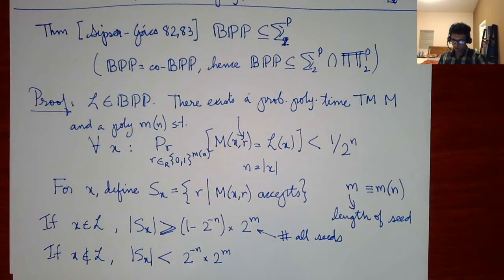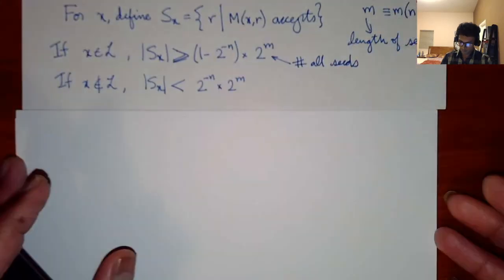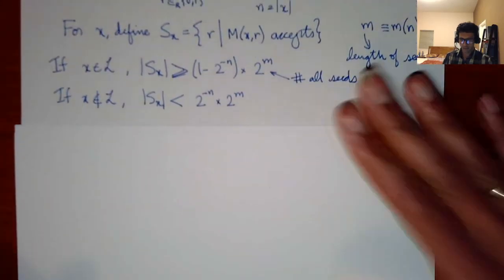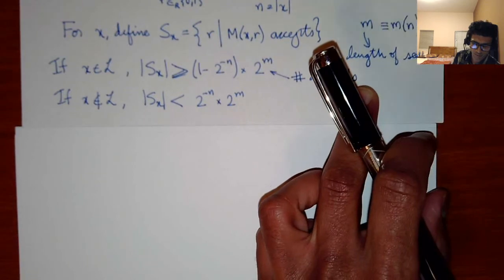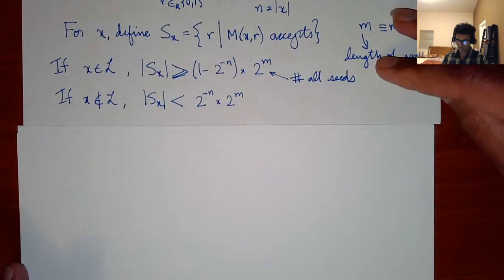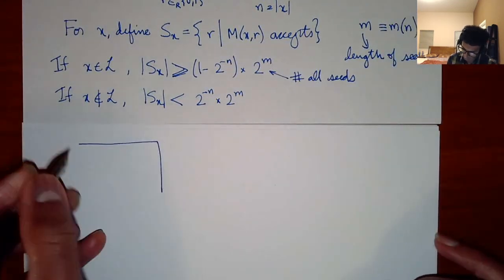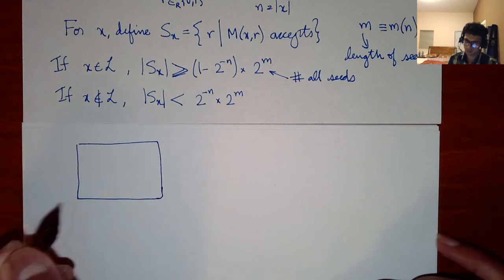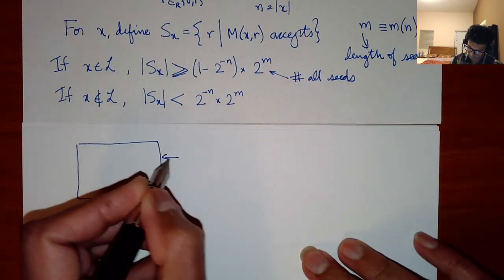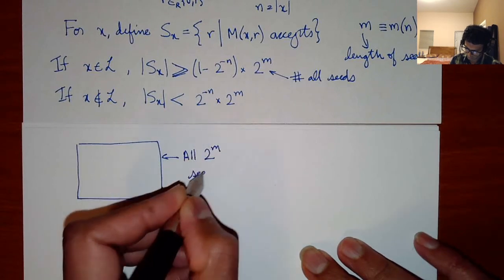Okay, so I'm going to draw a cartoon picture for this, which is there in Arora-Barak, which I really like. I think it gives the right visual picture that you should have to think about this. So think of this as the universe of all possible seeds, all 2 to the m seeds.